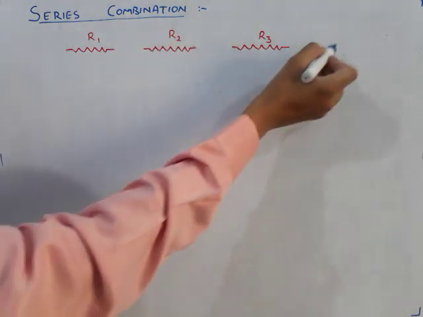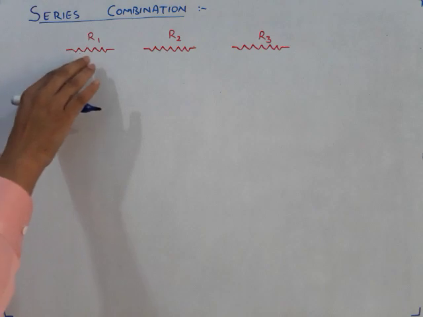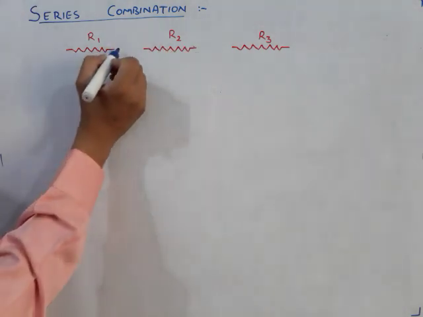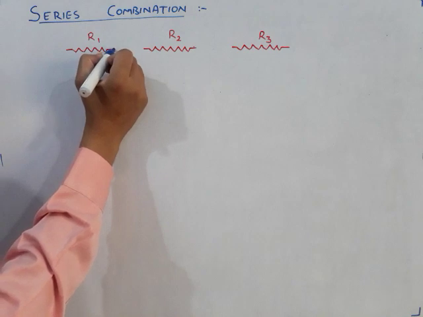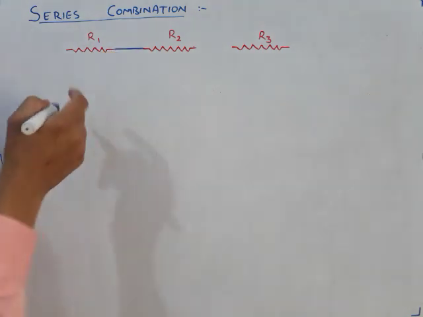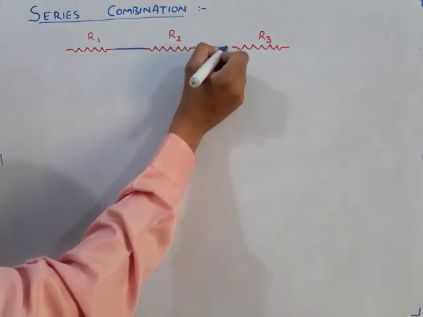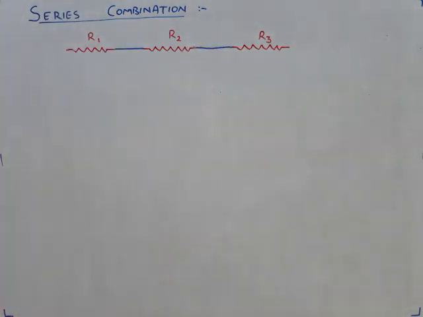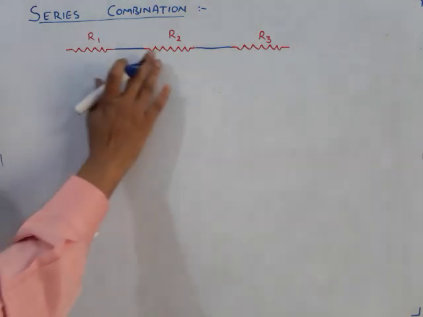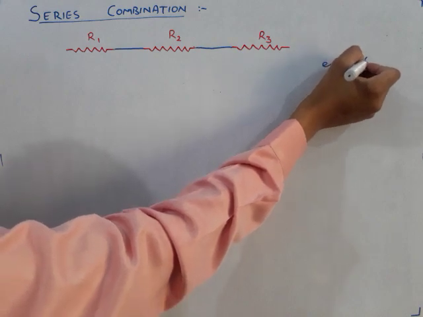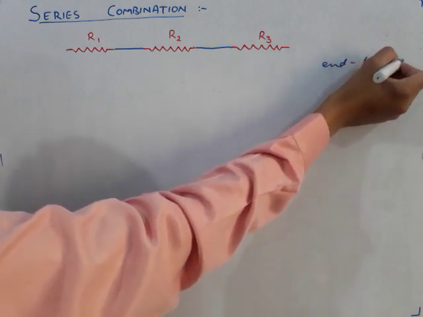And if you have one more resistor like that, you have to connect the three resistors end to end. That means just these two resistors you connect them using some connecting wire, copper wire. These two resistances also you connect. This kind of combination is called as series combination. Here you have to connect the resistors end to end.